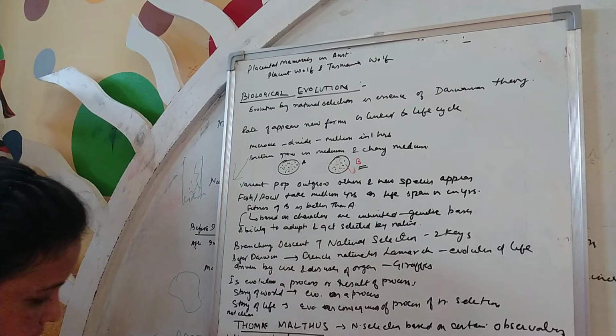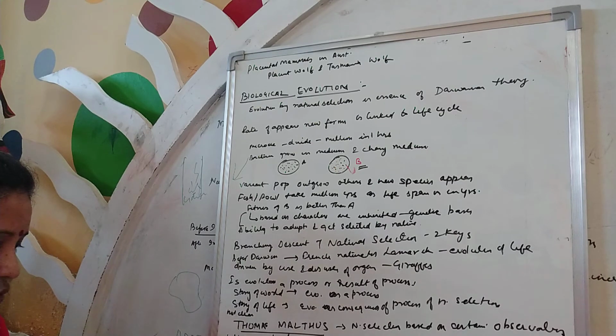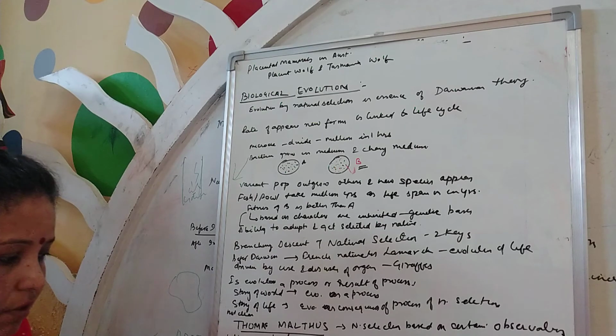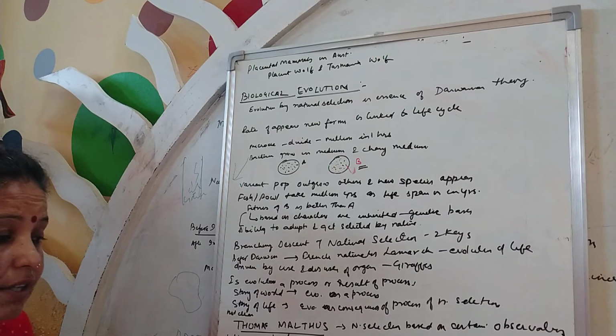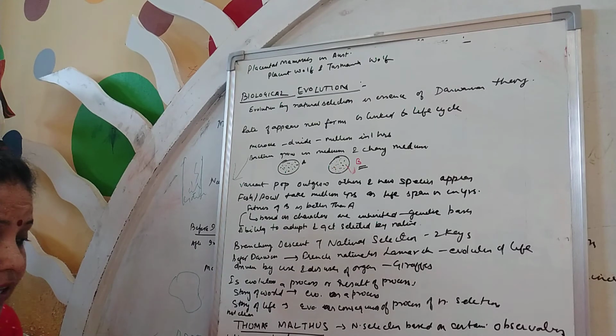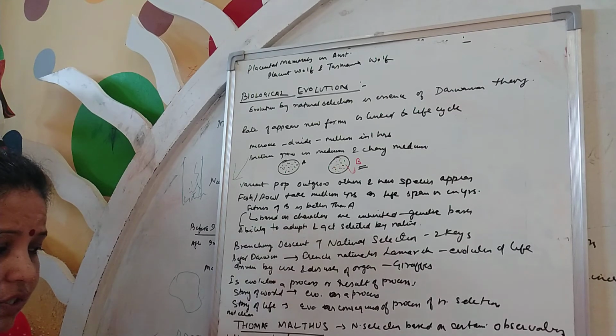In the first decade of the 20th century, Hugo de Vries did work on the evening primrose, and he found mutation in it. He said there were large differences in the population. When he did the experiment, he found a large variation in the population. He said that mutation is a cause of speciation.